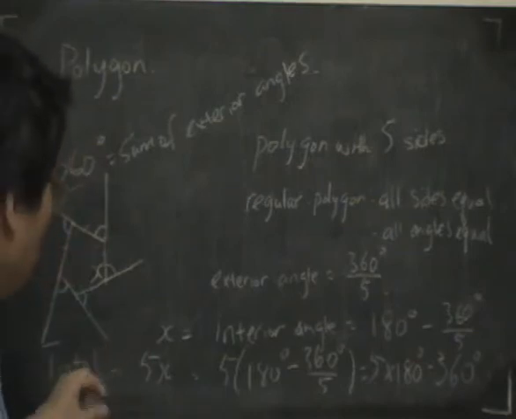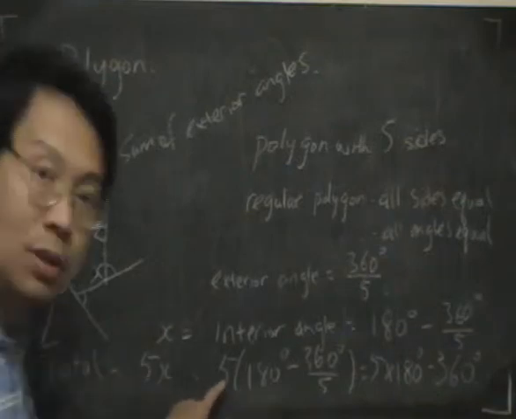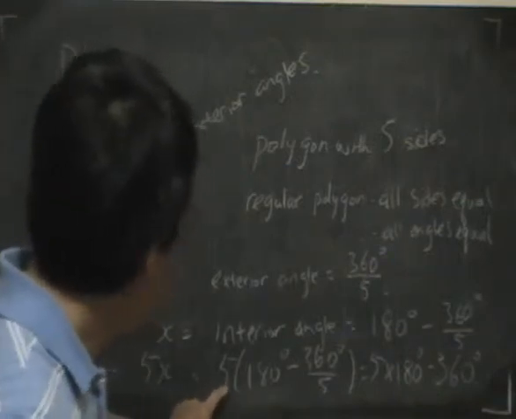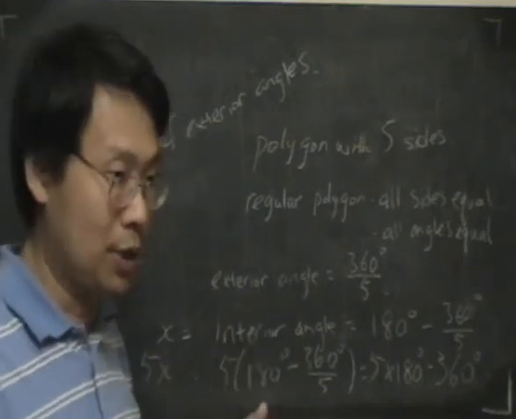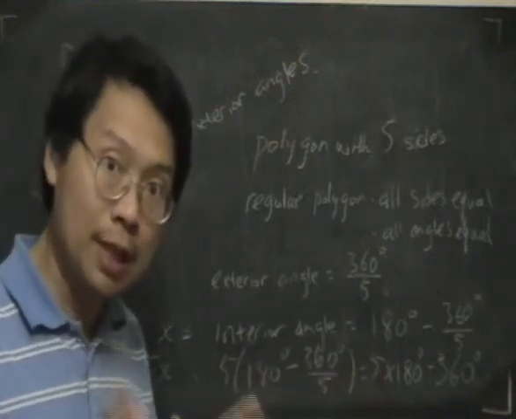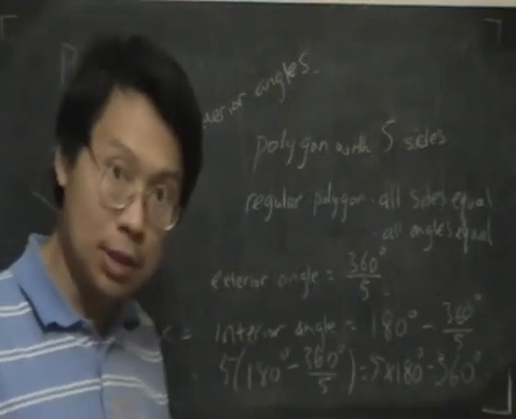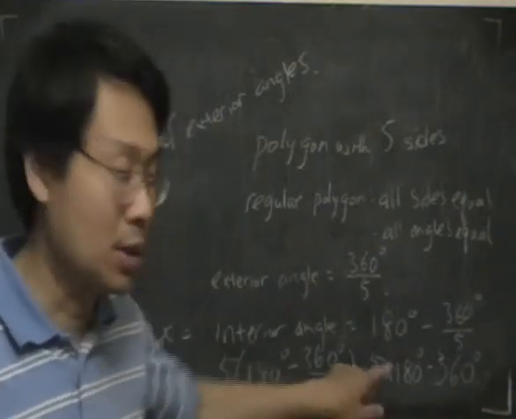And later on, we multiply the interior angle by 5 because there are 5 interior angles. So that 5 is there because it's the number of sides.